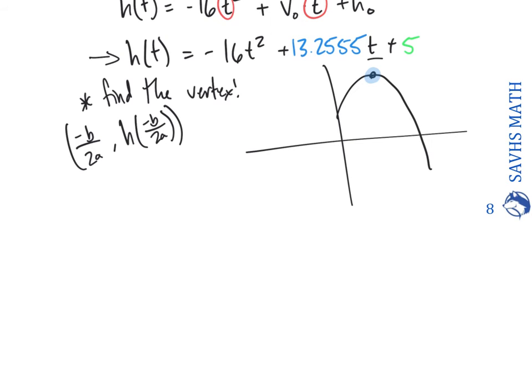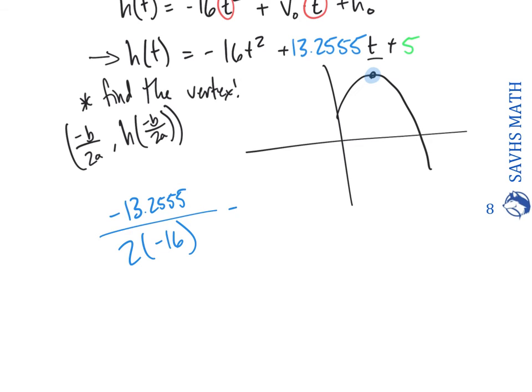So let's determine what our height is. Negative b over 2a is going to be negative 13.2555 over 2 times negative 16. I'm just going to throw that all in my calculator, negative 13.2555 divided by negative 32.